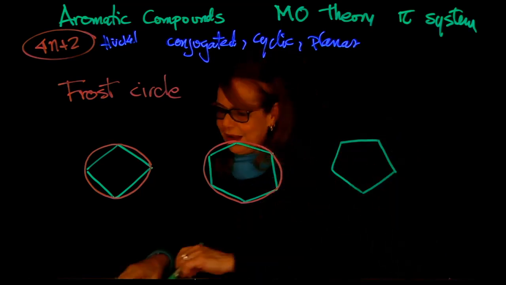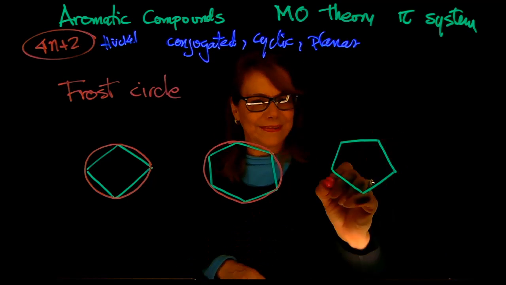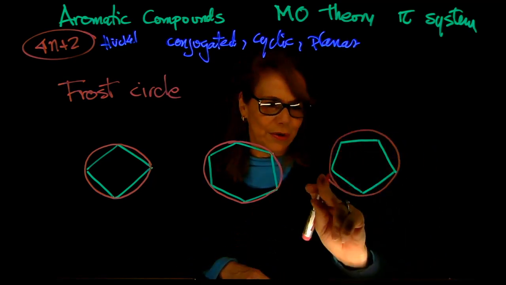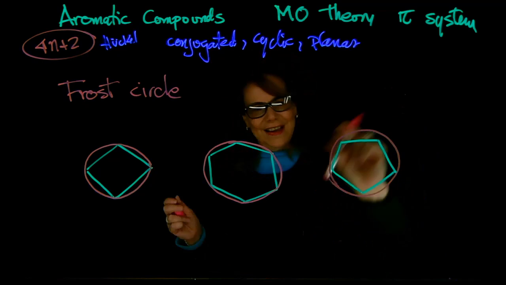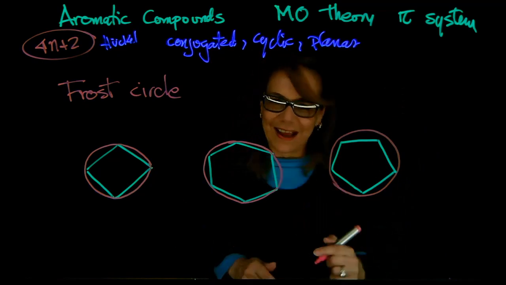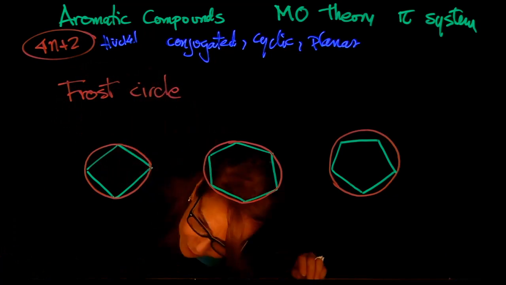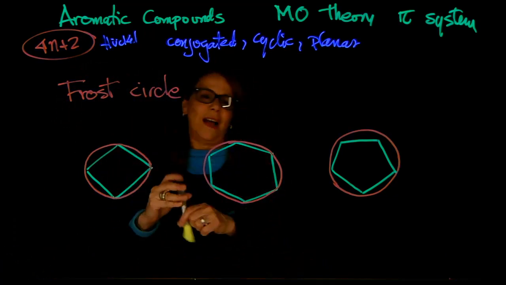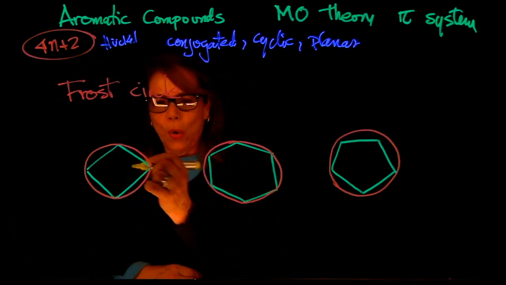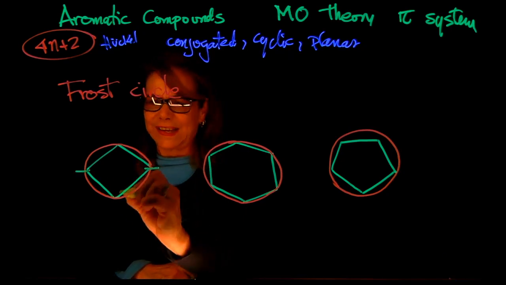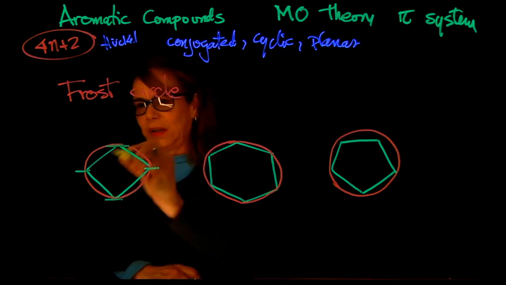So now I am going to draw a circle. Well, it came out a little larger. Not perfect, but all right. So what we need to do now is, where the circle is in contact with the polygon, we draw a line, and this will represent the energy level of the MOs.